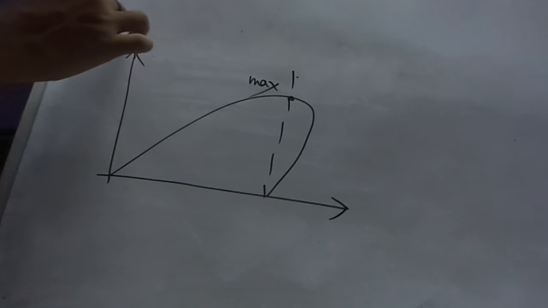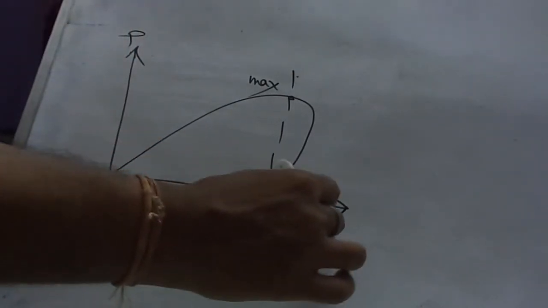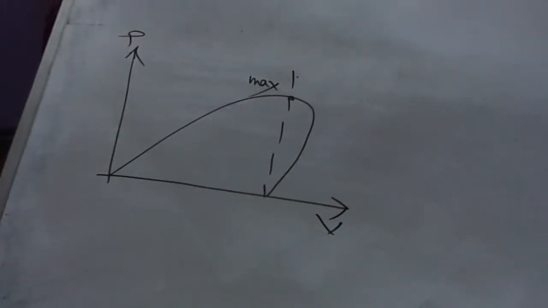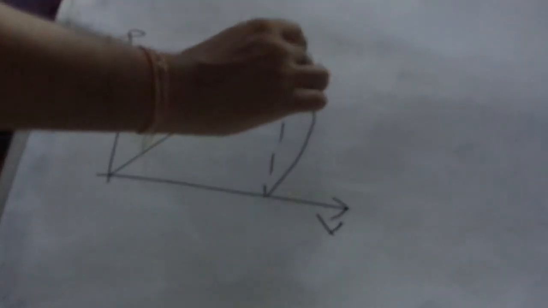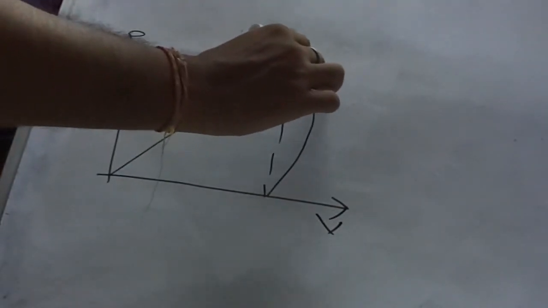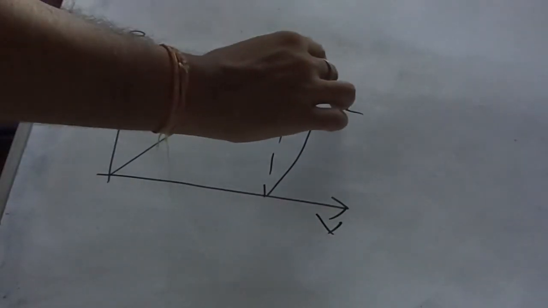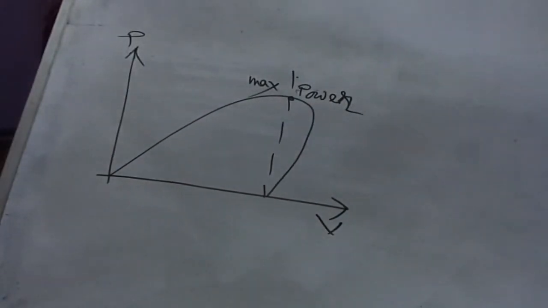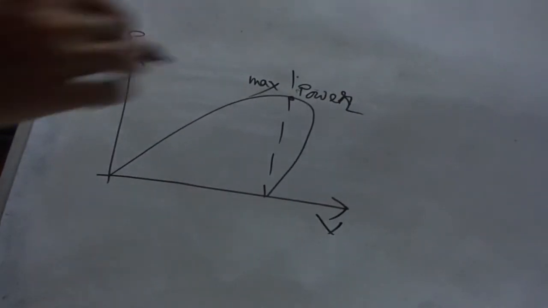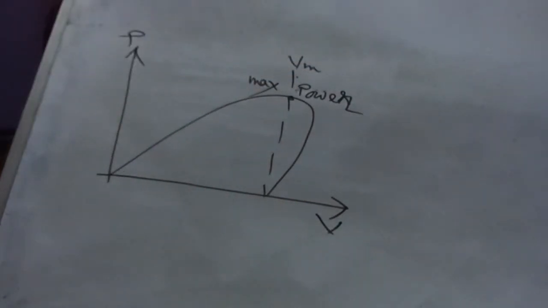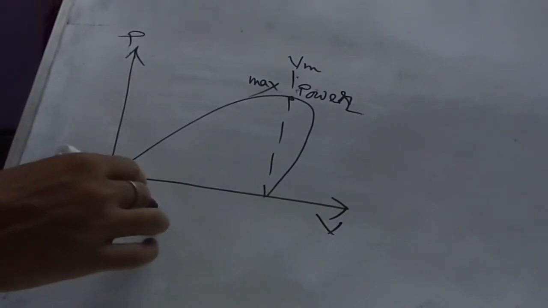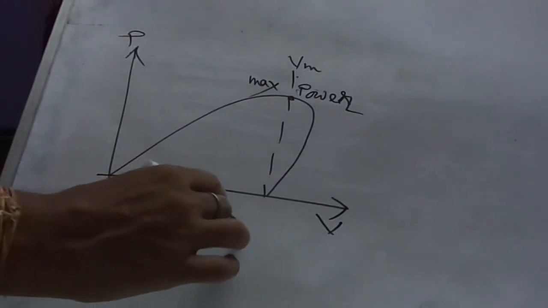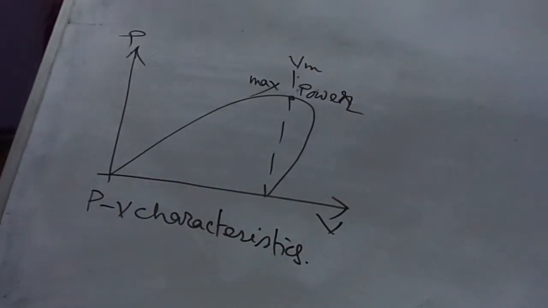That is your P axis, and another one is your V axis, V. PM is the maximum power, and VM is the corresponding voltage. That is the PV characteristics of a photovoltaic cell.